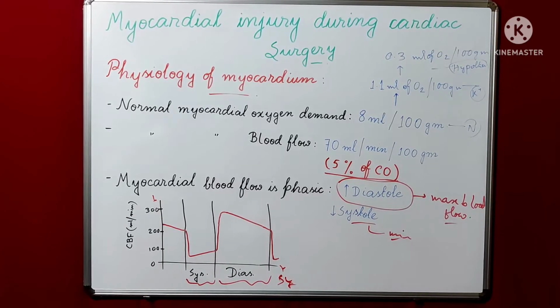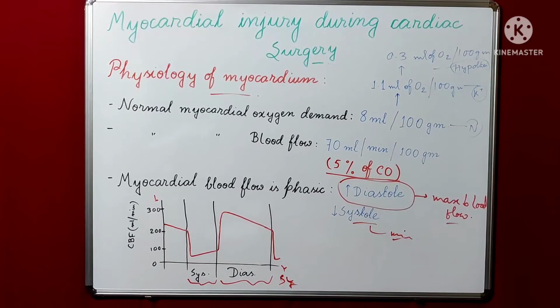Other factors are the transmural gradient. Now what is transmural gradient? This is the difference between the aortic diastolic pressure and intraventricular end diastolic pressure. Next, oxygen delivery can also be affected by perfusion pressure, or systemic perfusion pressure.